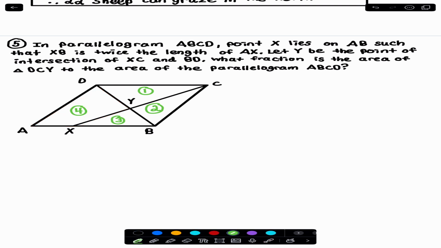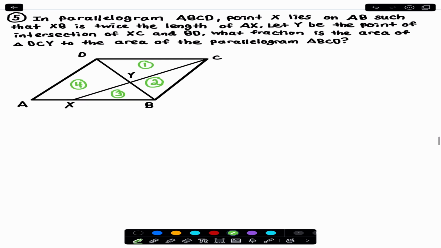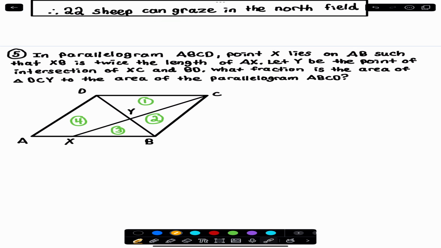So first things first, we use everything that we know. This is where the prerequisites are going to come in handy, because we are going to go hunting for similar triangles. And we're going to be doing some angle chasing, because that's what we do for geometry problems and in math in general. Just throw everything you've got. Go hunting for some angles. So this is a parallelogram, which means these two sides are parallel and these two sides are parallel.